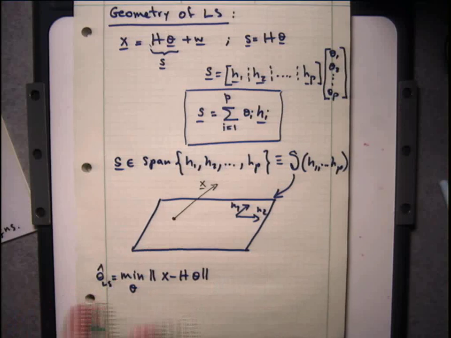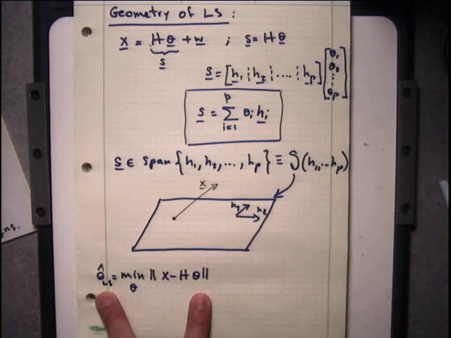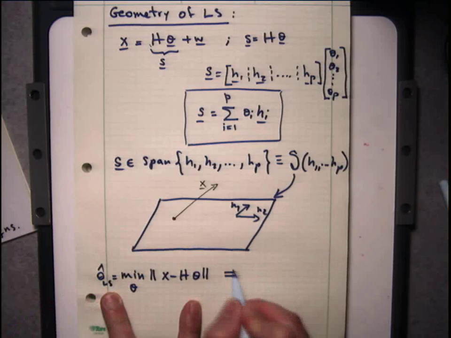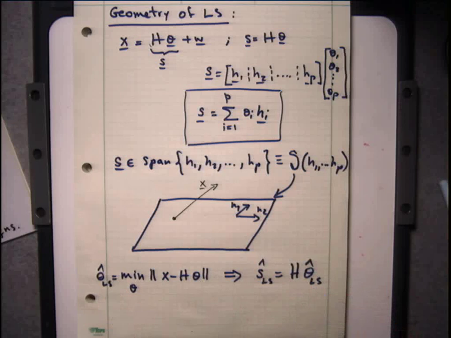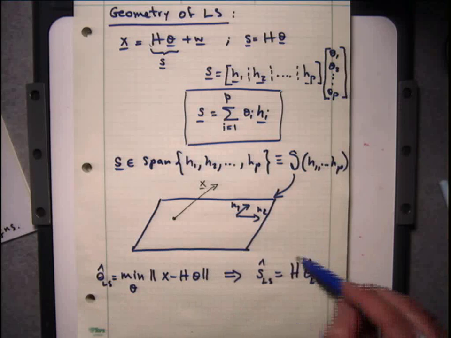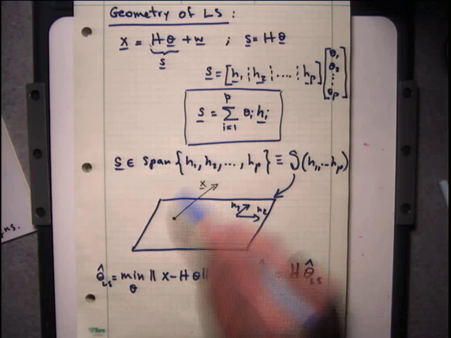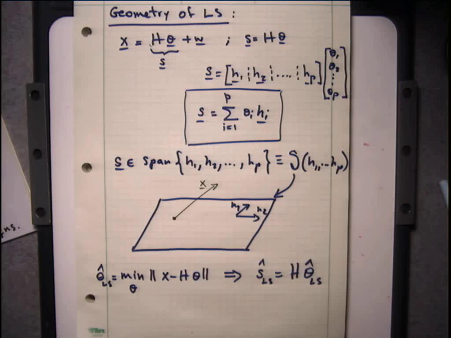If I minimize and get this, then what is the least squares estimate of S? That's easy. It's H times theta hat least squares. In other words, once I find the least squares solution, all I have to do is multiply it by H, and I get a signal that lives in this space.